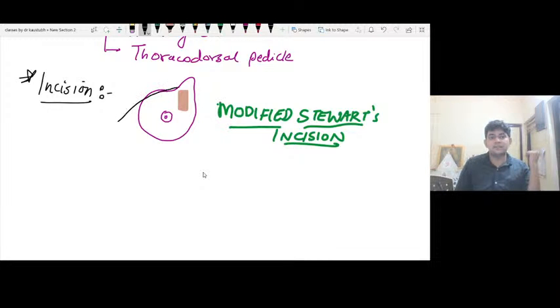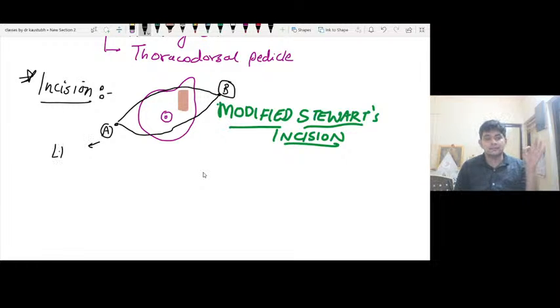It is an elliptical incision which is given over the skin over the breast, where the medial boundary, suppose the point A, and a lateral boundary, suppose the point B. Now what is this medial boundary? That is point A. It is the left sternal border in the fifth intercostal space.